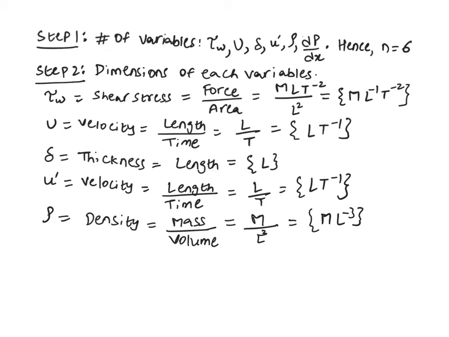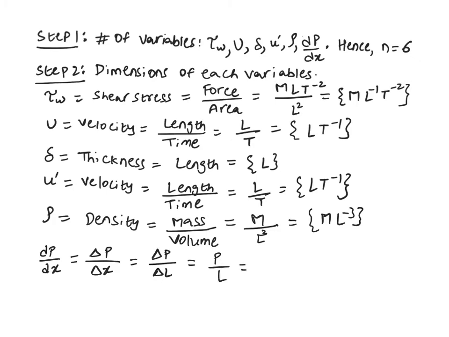And last but not the least, dP by dx. This can be written as change in pressure delta P by change in length delta x. So that would be delta P over delta L, because change in length is measured as L, which is nothing but pressure over length.